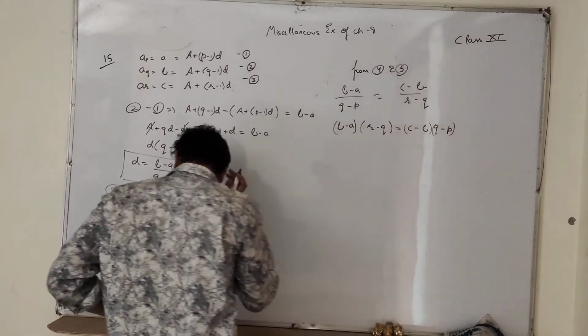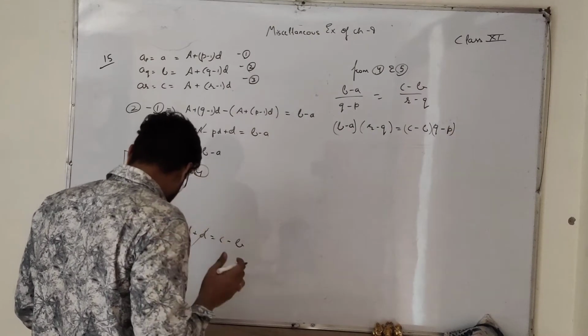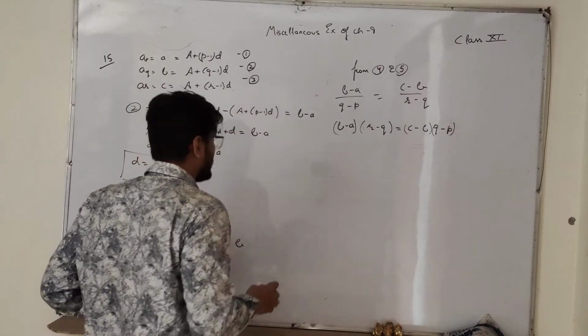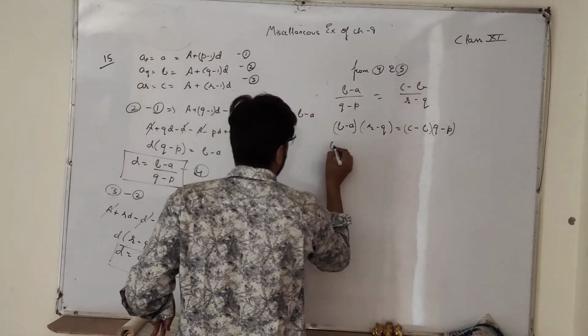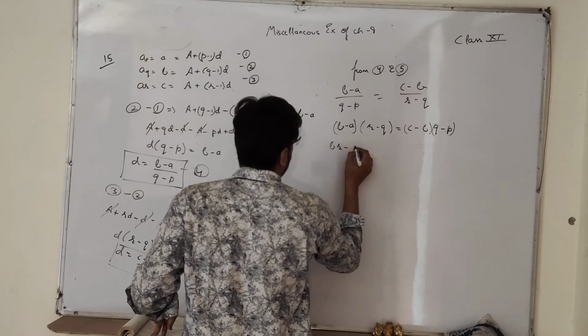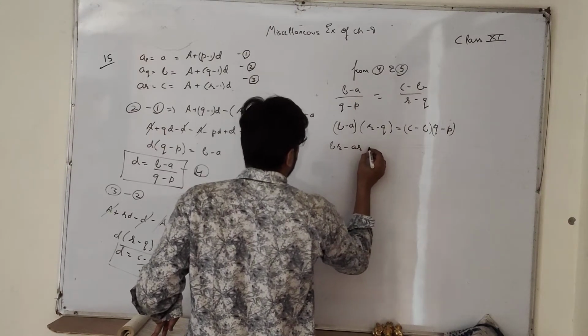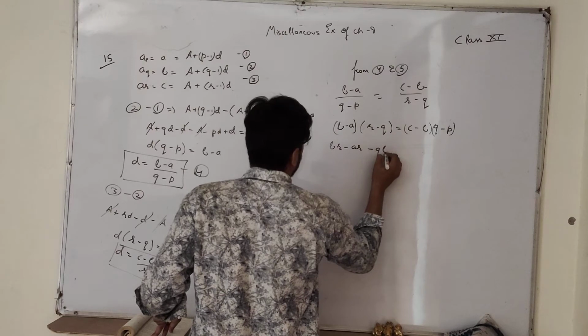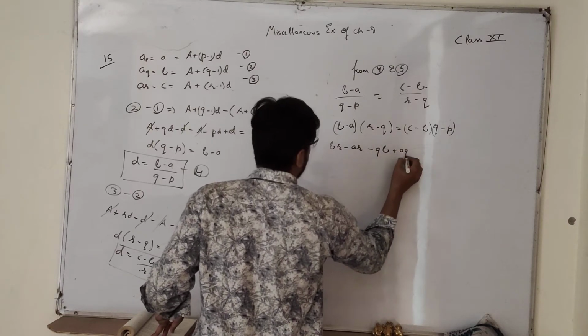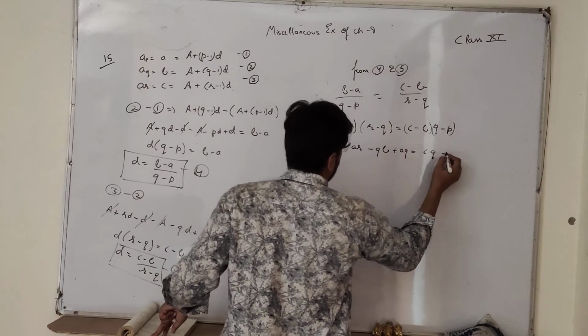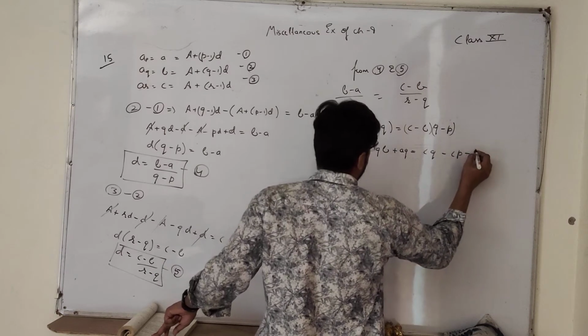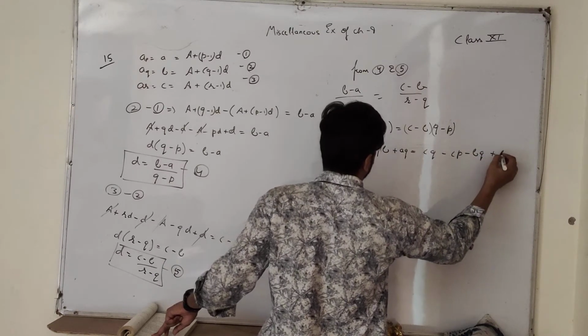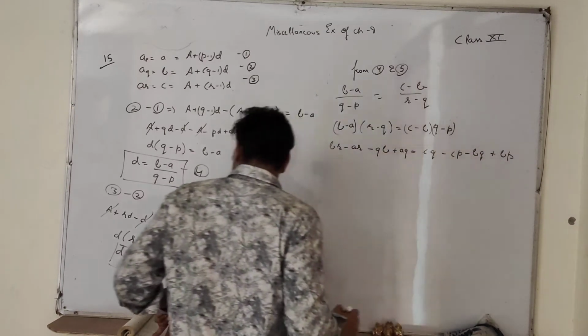What we have to show in this is a particular expression. So BR minus AR minus QB plus AQ is equal to CQ minus CP minus BQ plus BP.